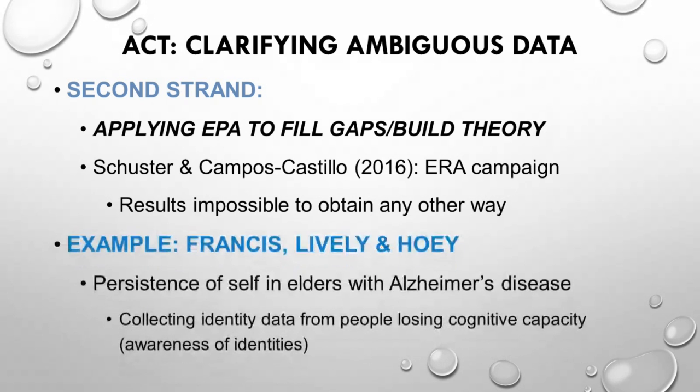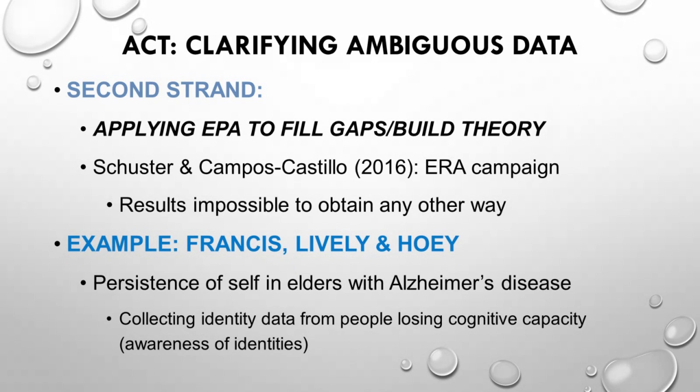Now, the example I'm going to use is one where Kathryn and I are analyzing data that I collected working with Jesse over here on Alzheimer's patients, looking at the persistence of self in elders with Alzheimer's disease.